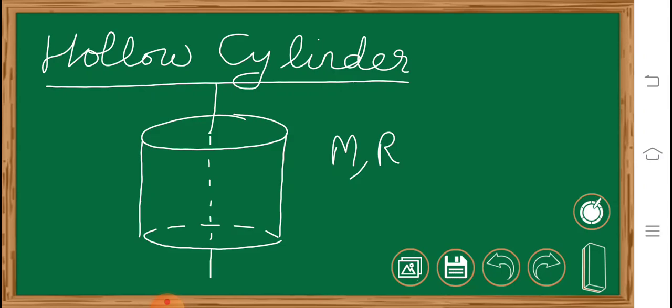Now what we can do is, suppose we splice this cylinder into n parts perpendicular to the axis in this manner, then we will get many rings.